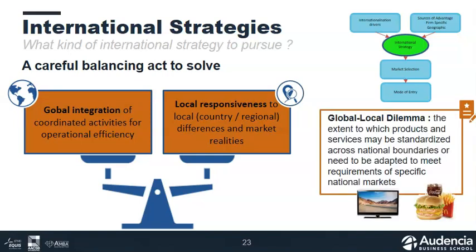And associated with this is the global-local dilemma: the extent to which products and services may be standardized across national boundaries or need to be adapted to meet national markets. A flat screen TV is a perfectly good example of a global product. That product is about the same in about every market in the world today. However, McDonald's is adapting its products to the local market.